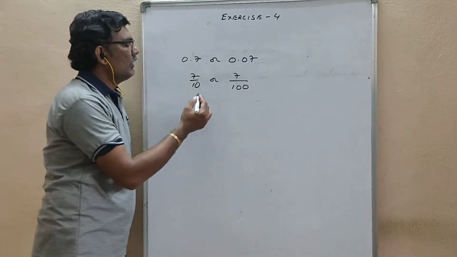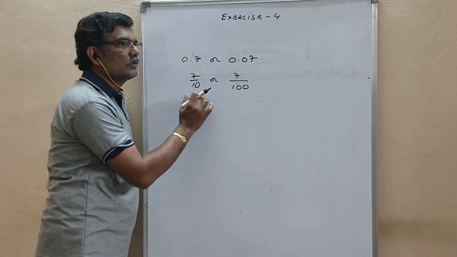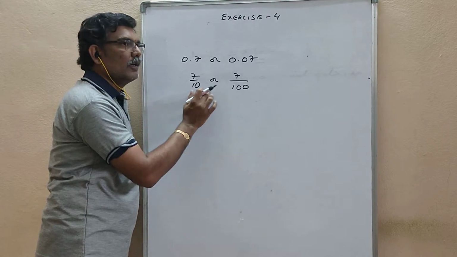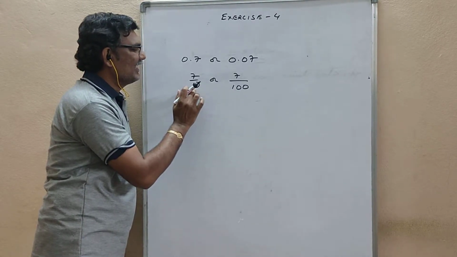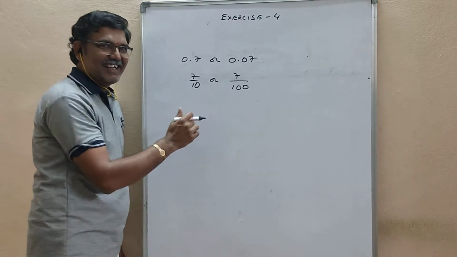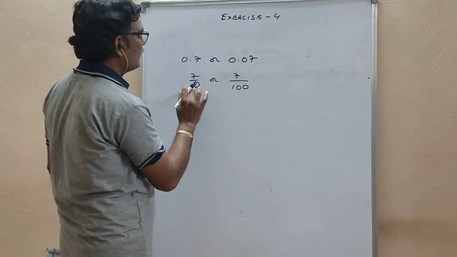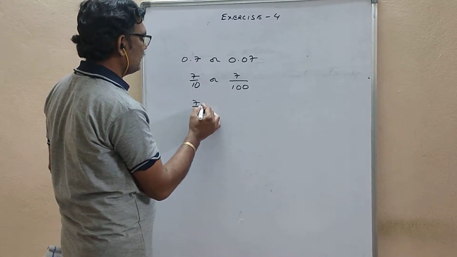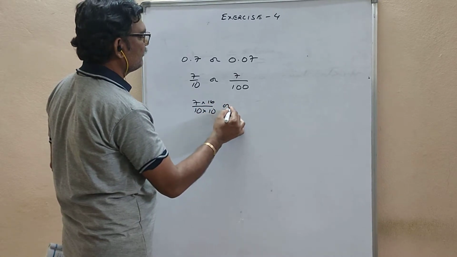So first what you have to do is equate the denominators. So here you have 10, here you have 100. You have to make this 10 into 100, means numerator and denominator multiply with 10.